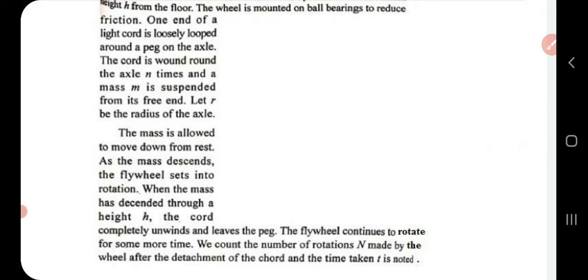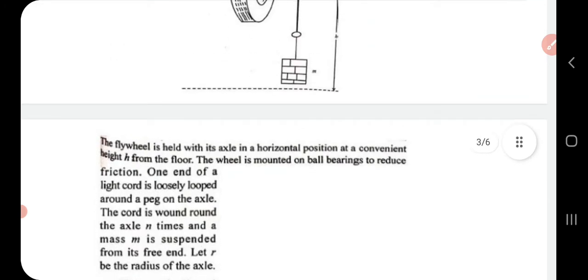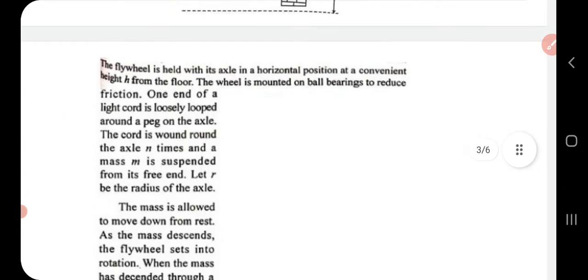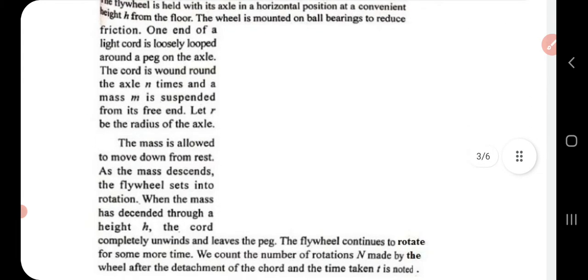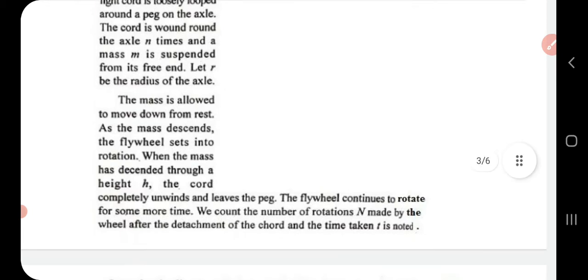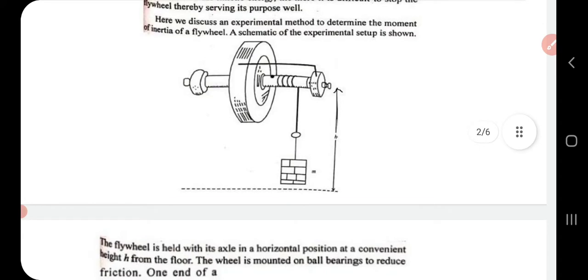Now what you do next is you allow the mass to fall down. That is, you allow this mass which is tied up to fall on the ground freely. Now, as the mass descends, what happens to the flywheel? The flywheel will start rotating. So when the flywheel starts rotating, what happens to the cord that is wound on the axle?